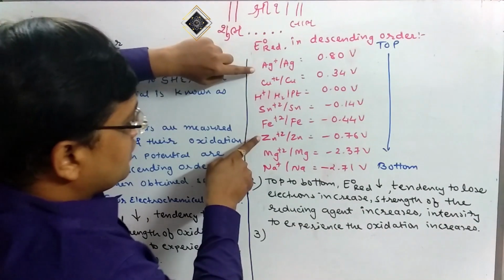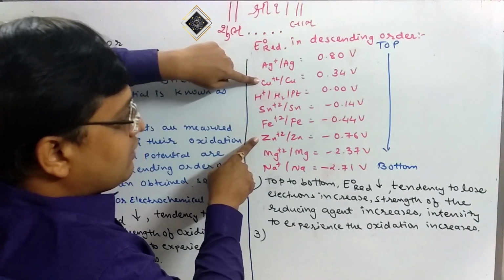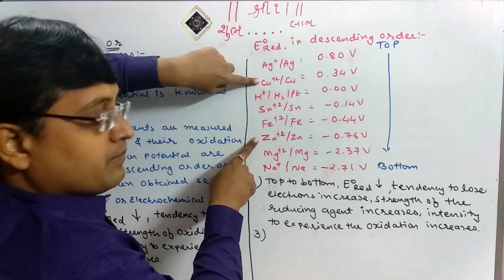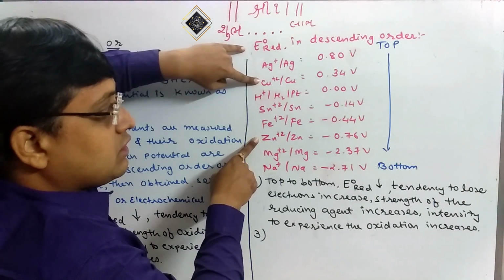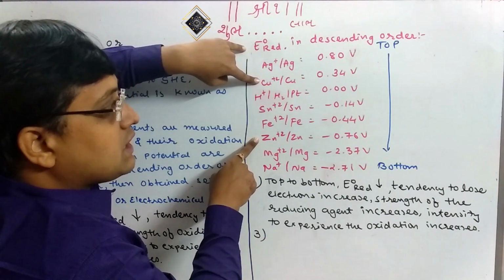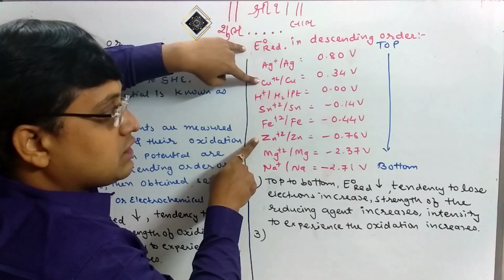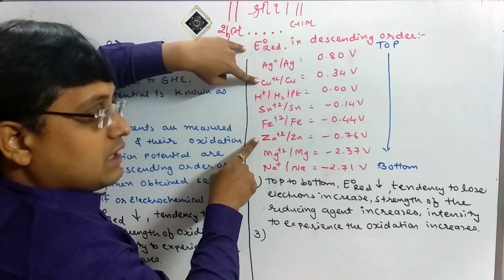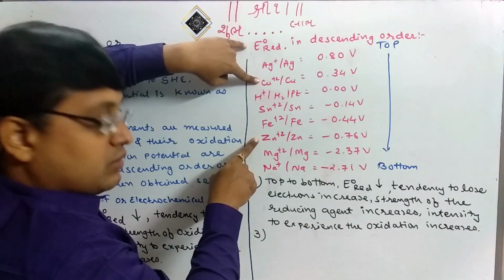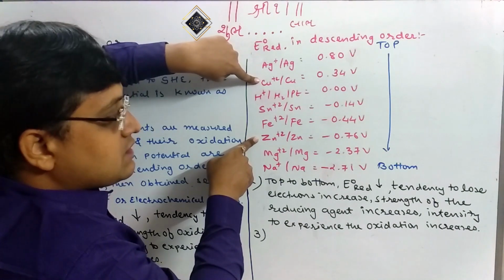Zinc and copper, which has a higher potential? Copper, what is the value? 0.34 volt. Which potential is this? Reduction. That means the half cell which has a higher reduction potential works as cathode and the other works as anode.